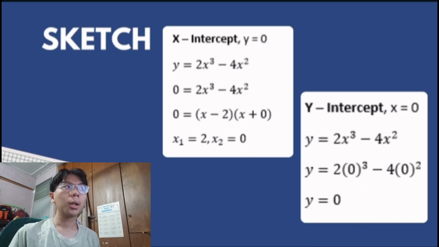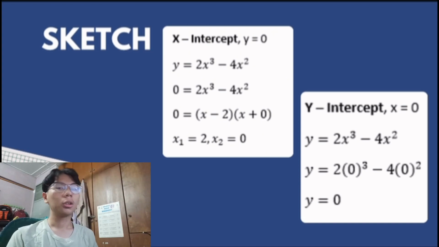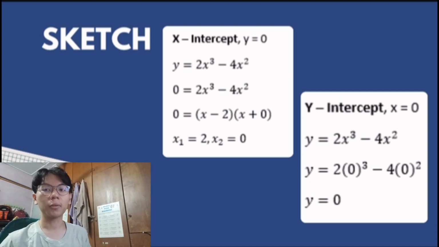Okay, now I'm going to talk about how to sketch the graph. For the x-intercept, where y equals 0, y equals 2x^3 minus 4x^2, so 0 equals 2x^3 minus 4x^2, and then 0 equals 2x^2 times (x minus 2), and we get x1 equals 2 and x2 equals 0.